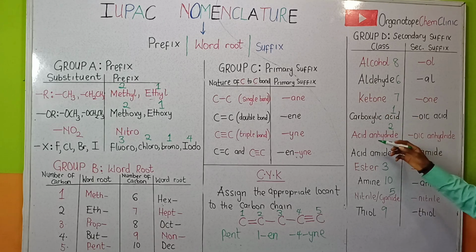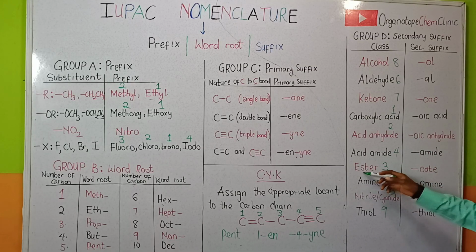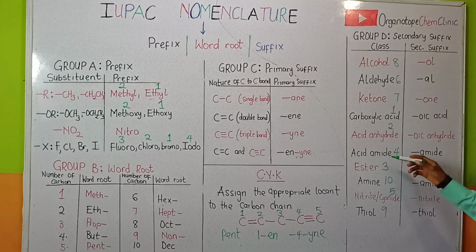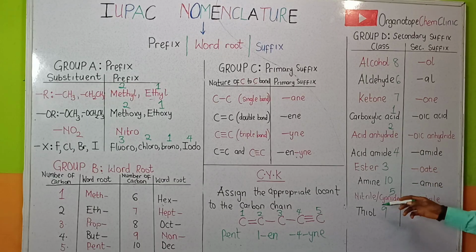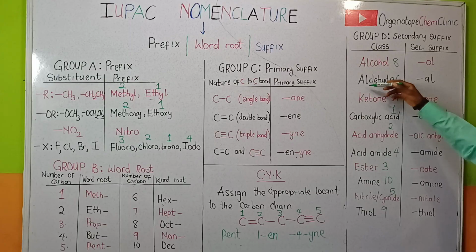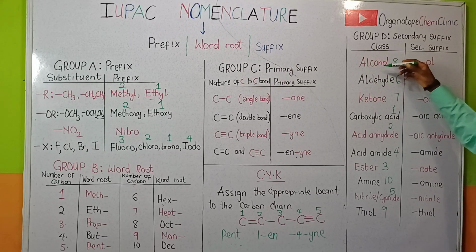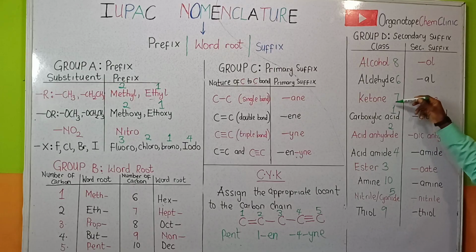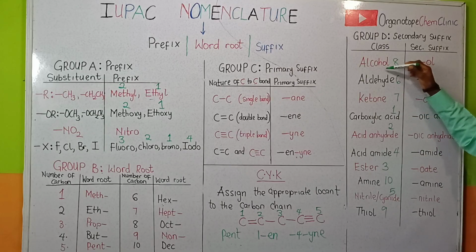Carboxylic acid is greater than the acid anhydride. Acid anhydride is greater than the esters. Esters are greater than the acid amide. Acid amide is greater than the nitrile. Nitrile is greater than the aldehyde. Aldehyde is greater than the ketone. Okay, the ketone is greater than the alcohol.